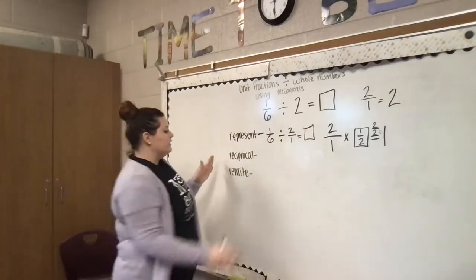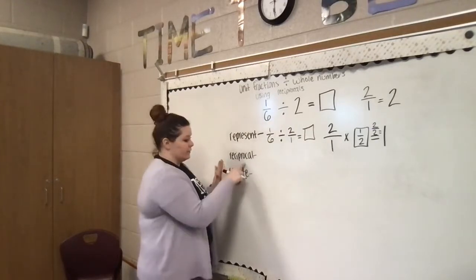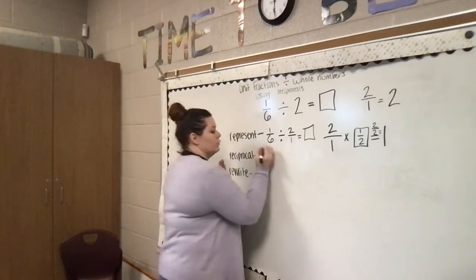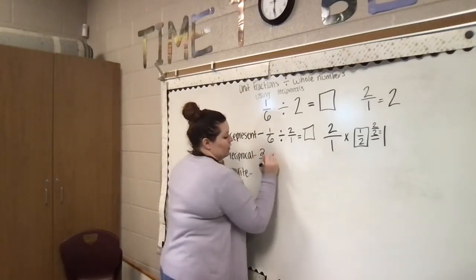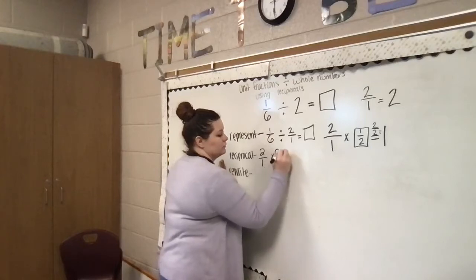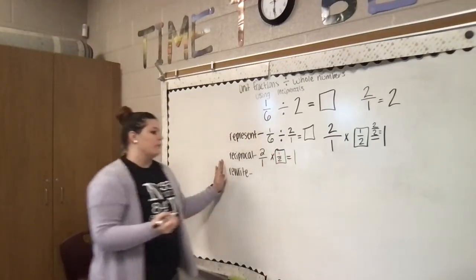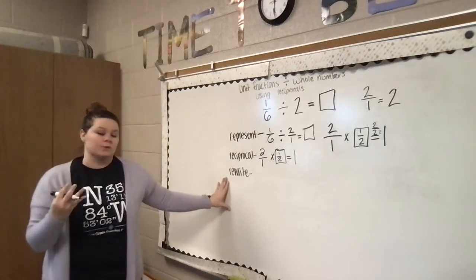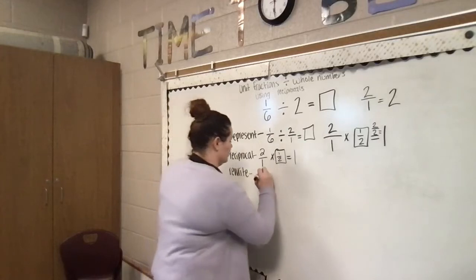Now we need to find the reciprocal of the second fraction in the second step here. We already did that over there. So the reciprocal of 2 over 1 is 1/2. Now we're just going to rewrite this as a multiplication problem. We're going to take our first fraction, put it down here, 1/6.